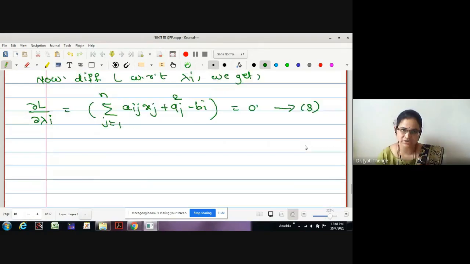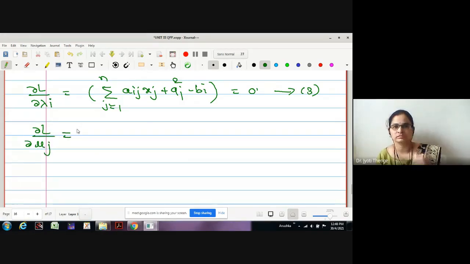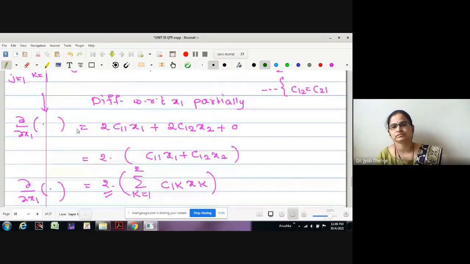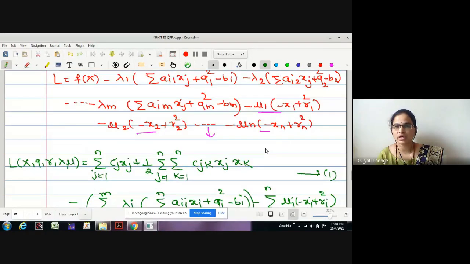Now, if I differentiate with respect to the Lagrange multiplier mu j, what is it going to give us? Differentiating this with respect to mu j, look here.